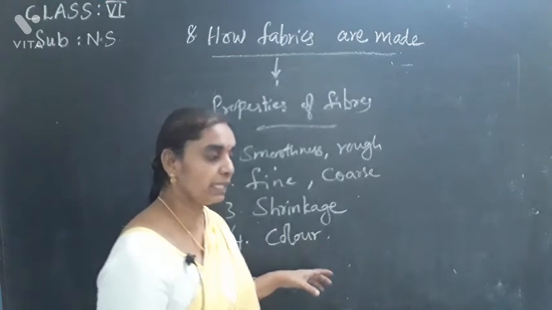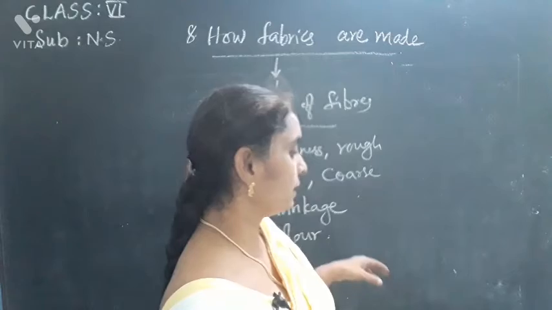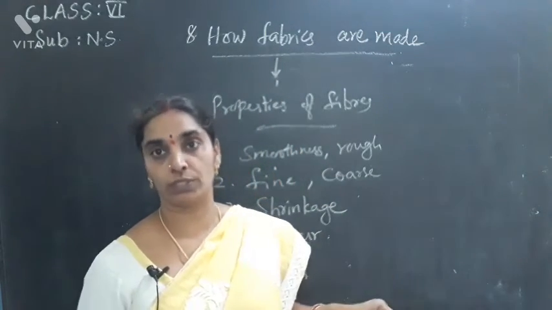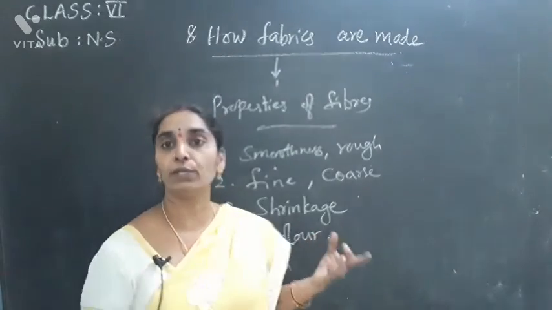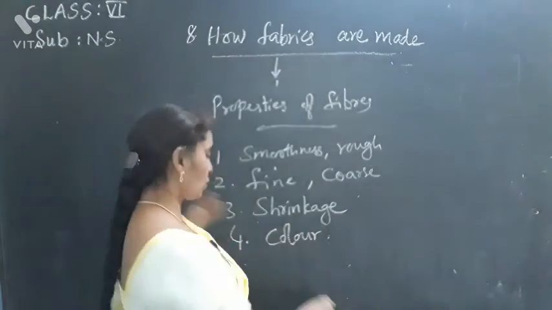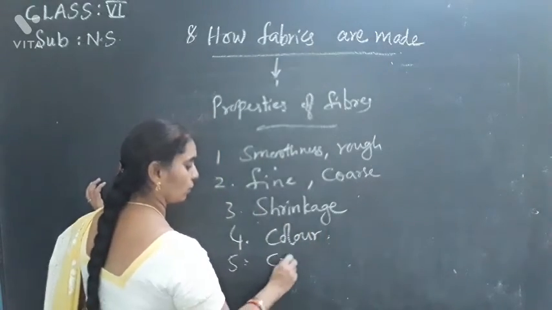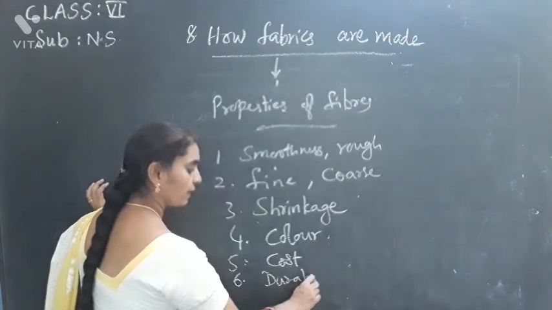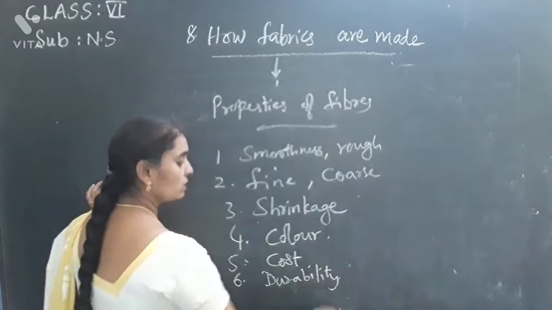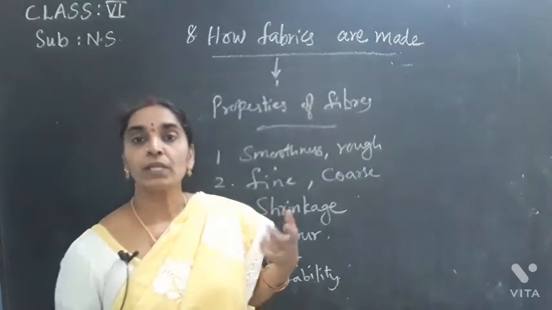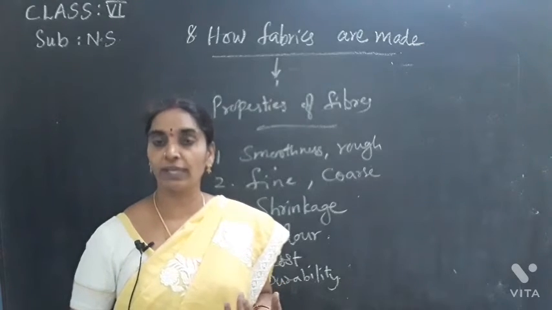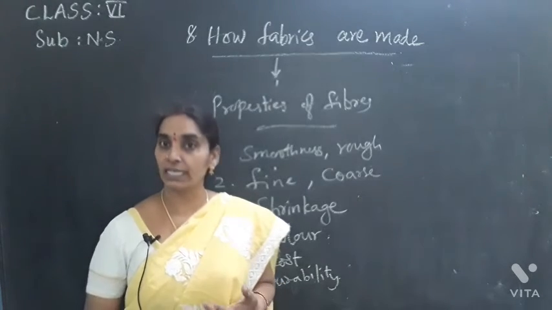Mainly, as you know very well, the selection of the fabric depends upon the cost of the fabric and also the durability of the fabric. So cost and durability also play a major role in the selection of the fabric. And mostly it depends upon the purpose for which it is being used, either for formal wear, informal wear or occasional wear.